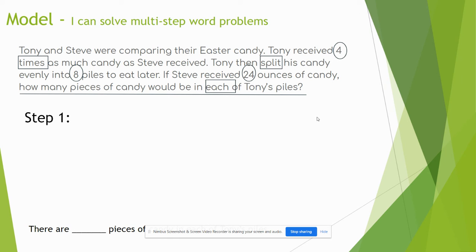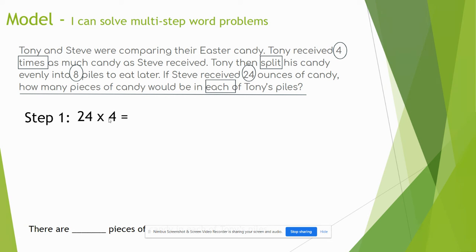So step 1, if I'm going sentence by sentence, Tony and Steve were comparing their Easter candy. Nothing really important there. Tony received 4 times as much candy as Steve, but we don't know how much Steve received yet. Tony then split his candy evenly into 8 piles. If Steve received 24 ounces of candy, how many pieces of candy would be in each of Tony's piles?